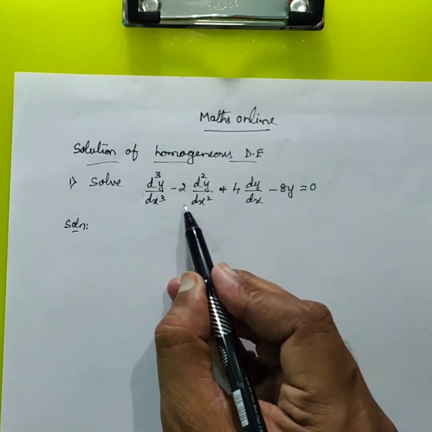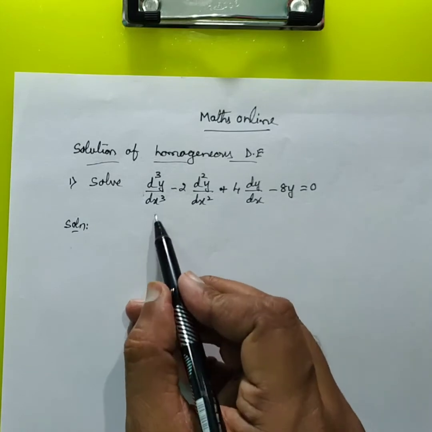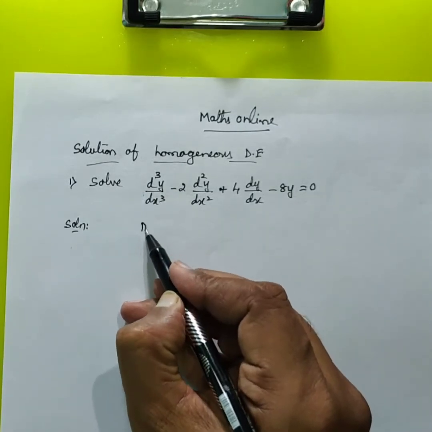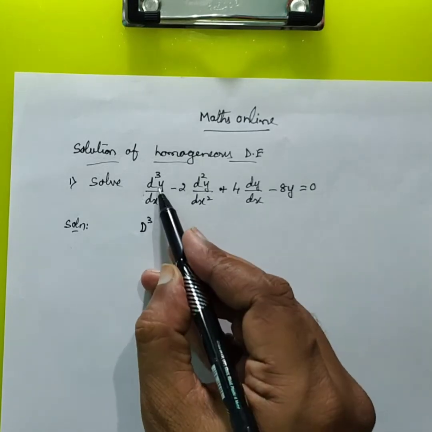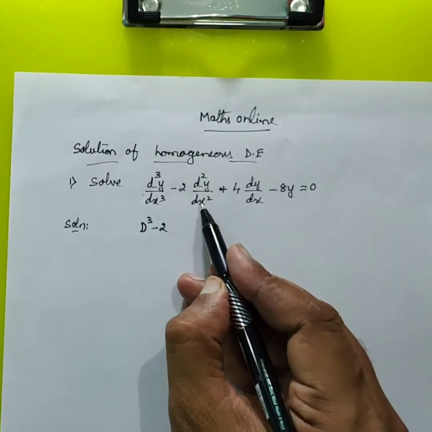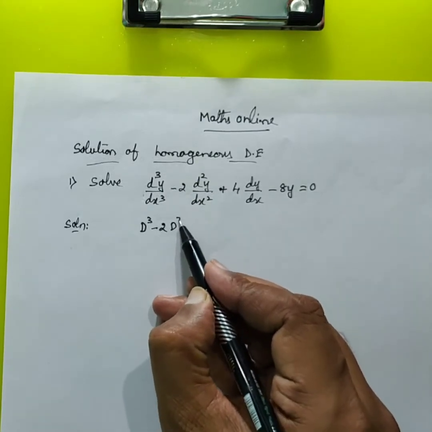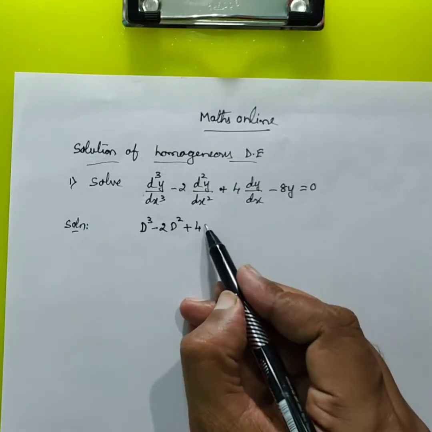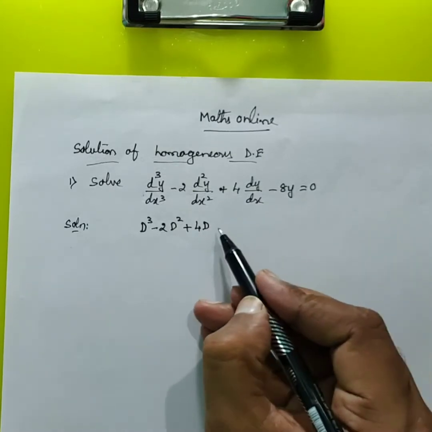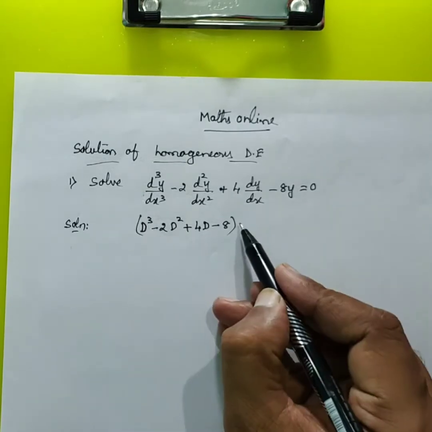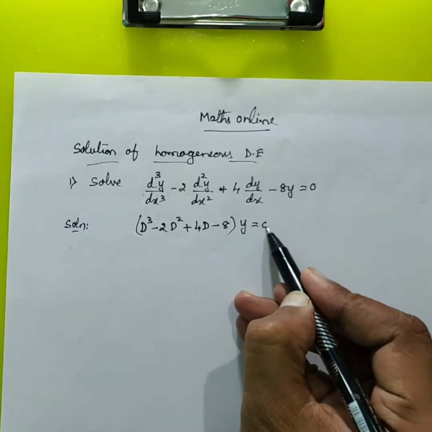So let us write down this differential equation in the form of the operator. D cube by dx cube can be written as d cube. I'll take y common outside, minus 2 times of d square by dx square can be written as d square, plus 4 times of d by dx can be written as d, minus of 8, taking y common outside is equals to 0.